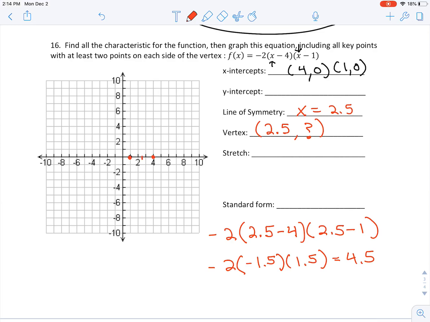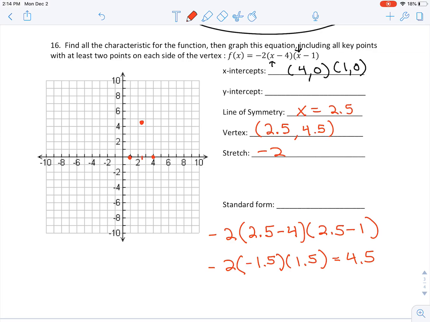So I know that this must be right here. Okay, so that is my vertex, 2.5, 4.5. My stretch we know is -2, because that was given to us.